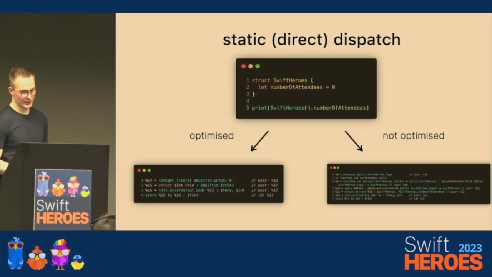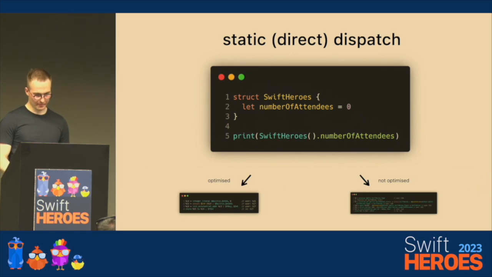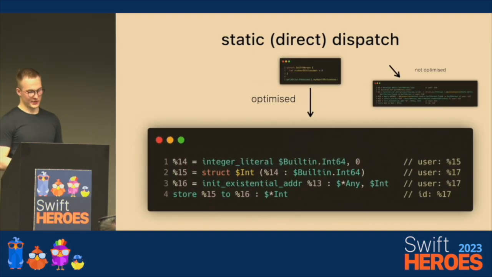Here we can see another example, a static dispatch optimization, which is inlining in this case. We have a structure called SwiftHeroes with one getter method, and then it is accessed to print this value. The optimized version looks as follows. We simply create the memory to store the value, and the value is put into the Swift intermediate language directly, which means that we don't need to access the structure, which is exactly what inlining is.